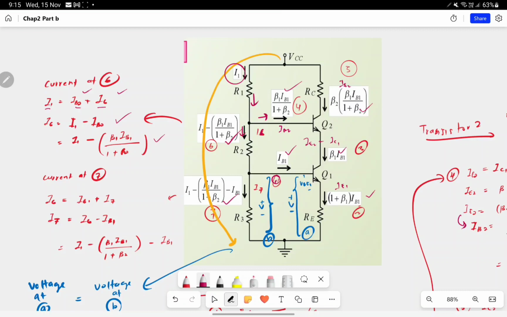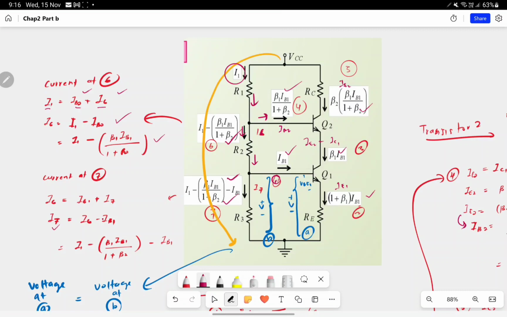As with the same theory as previously, the current I6 entering will be separated into two sides, IB1 and I7. So I name it I7. So I6 equals IB1 plus I7. Now we need to know what I7 is.